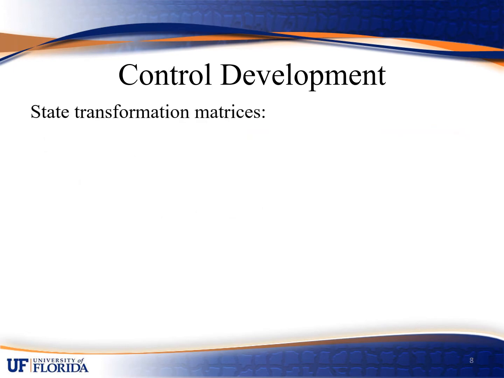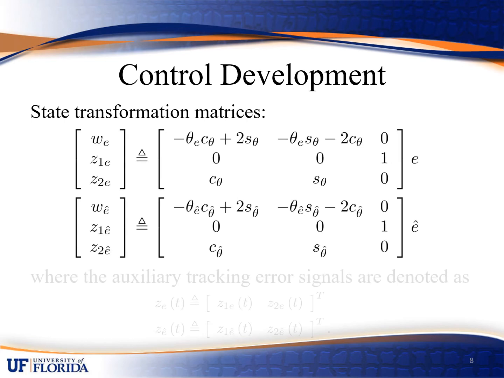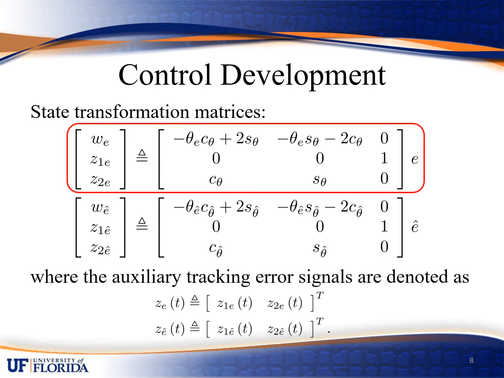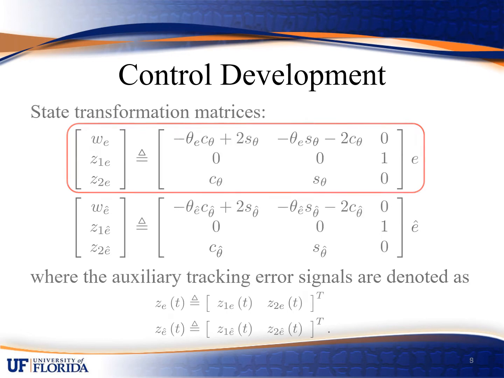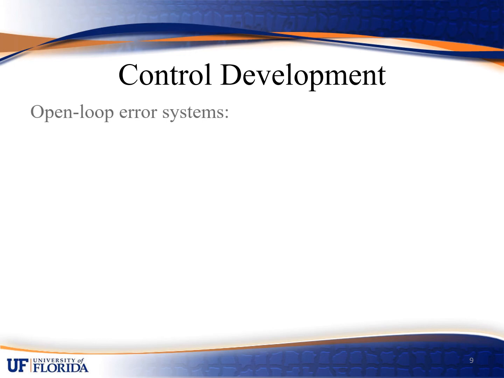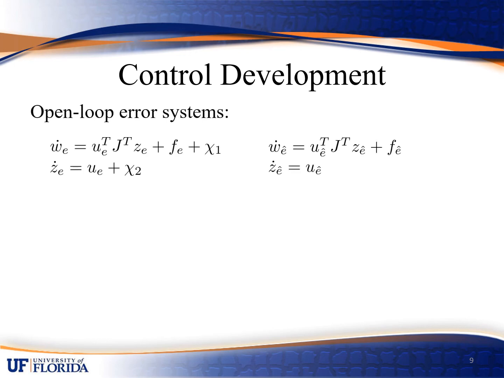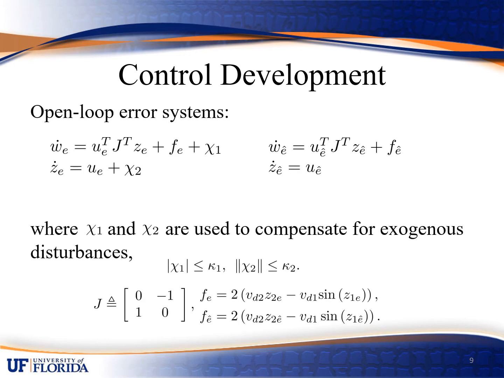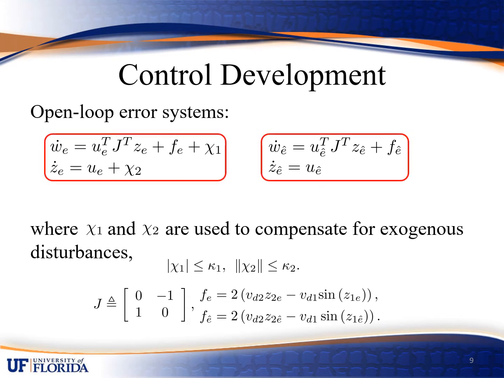To facilitate the subsequent unified control synthesis and stability analysis, these two global invertible transformation matrices are defined, where the auxiliary tracking error signals are defined as the corresponding stacked vector. Taking the time derivative of the previously defined signals, the open-loop error systems can be obtained as shown here.